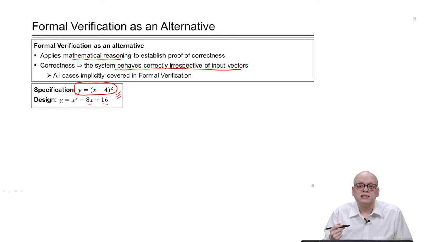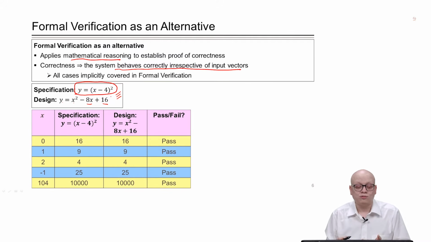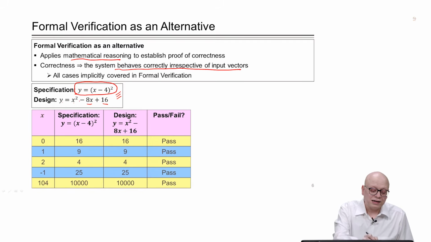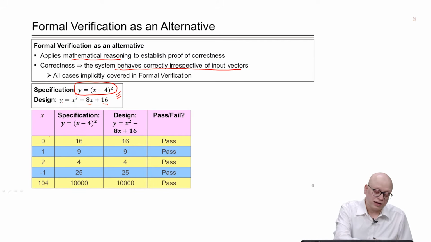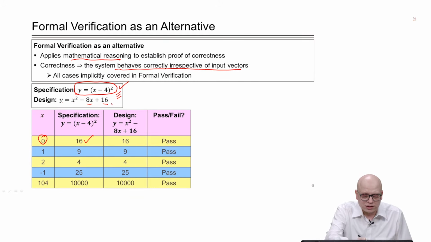Now, how will a simulation based technique try to establish the equivalence of these two models? A simulation based technique will apply test vectors. For example, assume that x can take only integer values. Then it will apply an integer value of 0, and see that the specification produces an answer of 16 and the implementation or design also produces 16, and therefore simulation is passing.